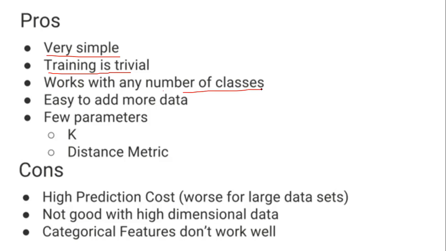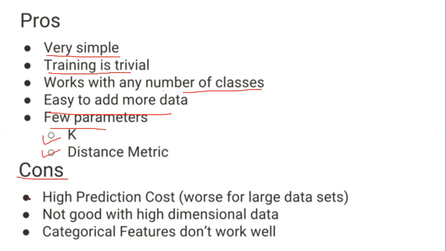Suppose in your data you are talking about different kinds of sports, then you can look at different classes like 2, 3, 4, 5, 10, any number of classes, right? It is easy to add more data to your model, and it has just a few parameters. What is the number of neighbors? What is the distance from all the points?